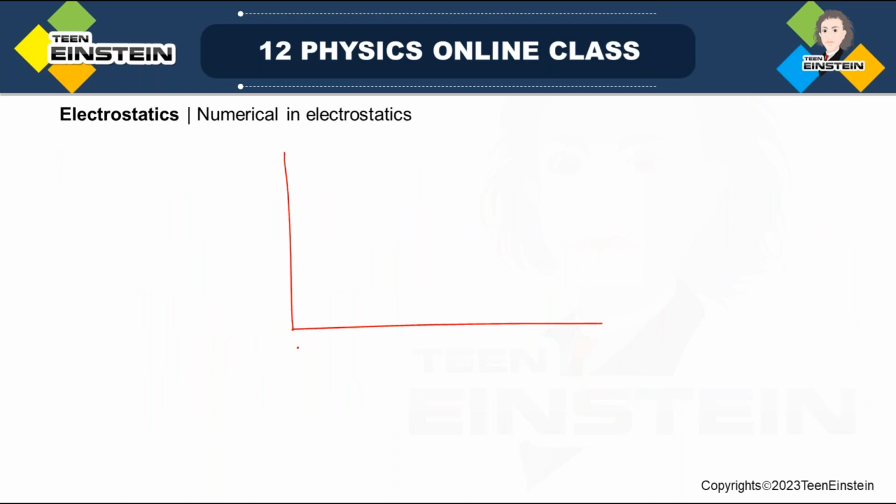Suppose this is a region and this is the sphere of radius A, placed at the center, in the region where the electric field is given as A into R. A is the constant.